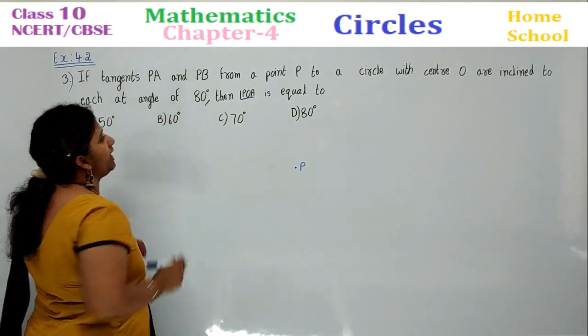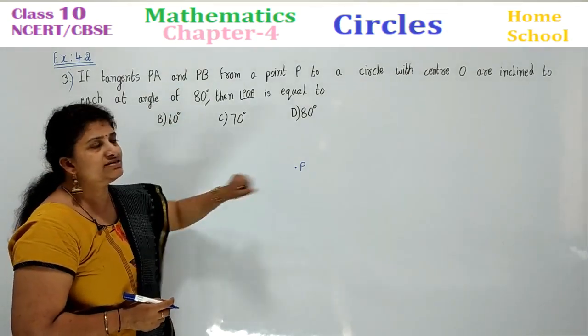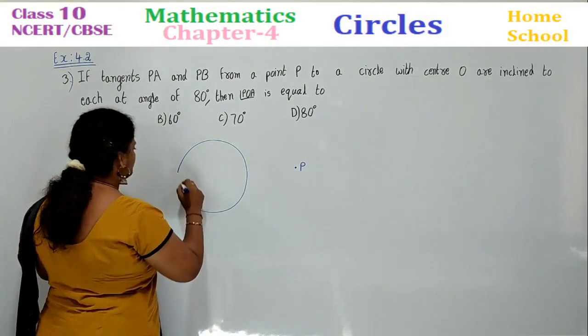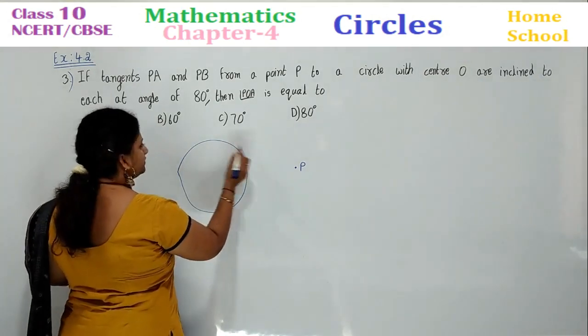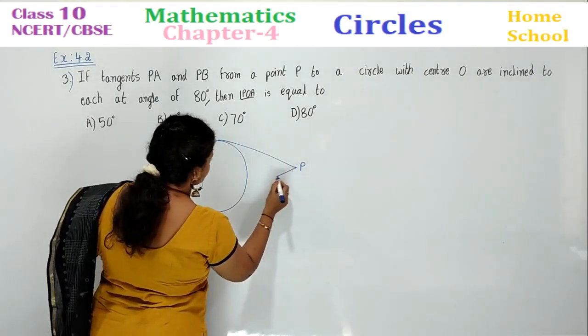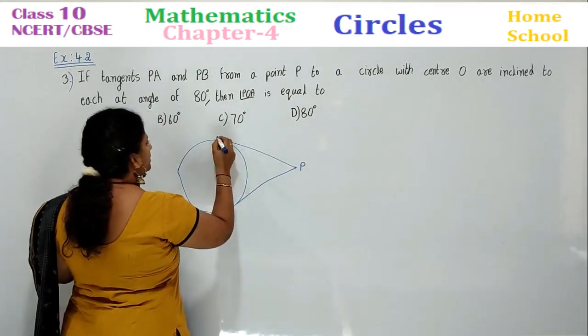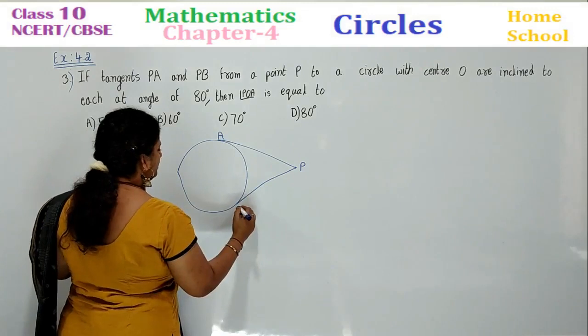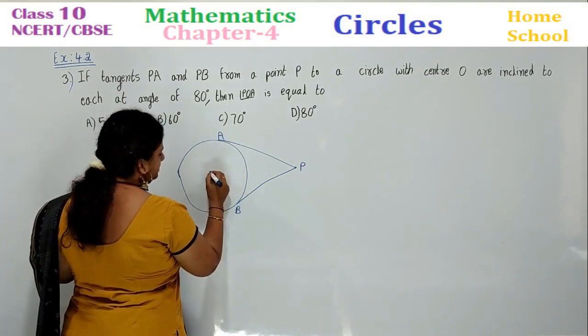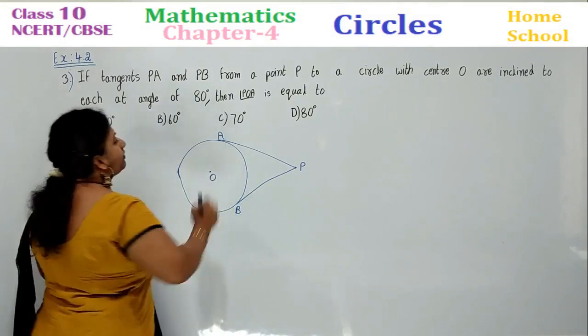PA and PB are tangents from a point to a circle with center O. Let me draw a circle, and two tangents here. This is A and this is B. Imagine this is the circle with center O.